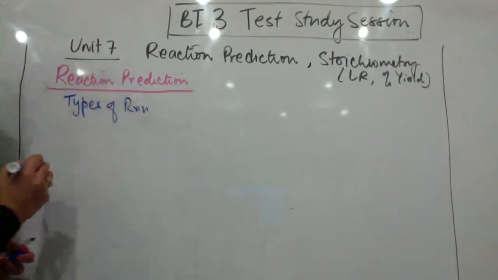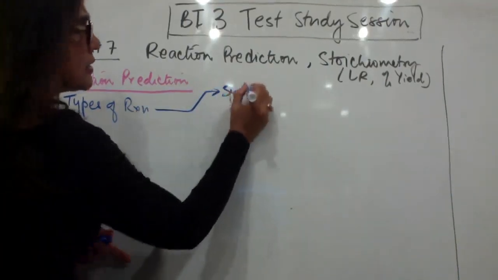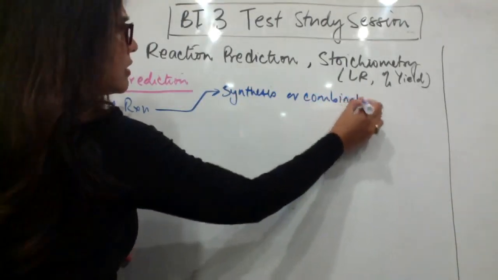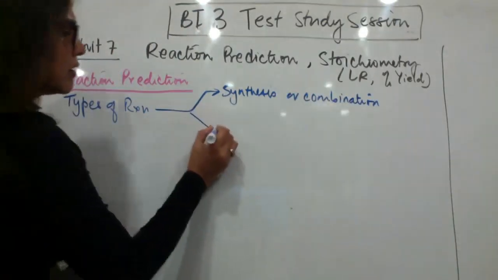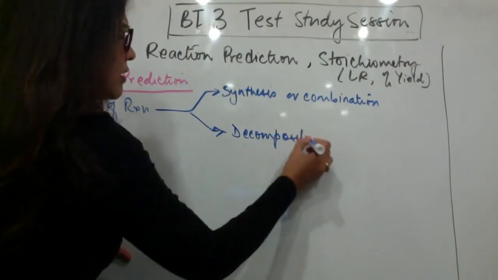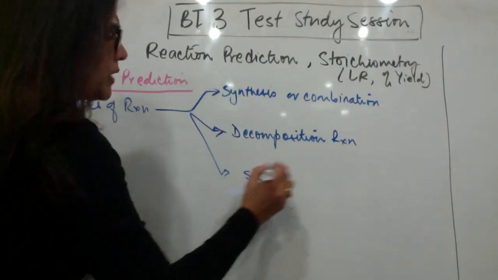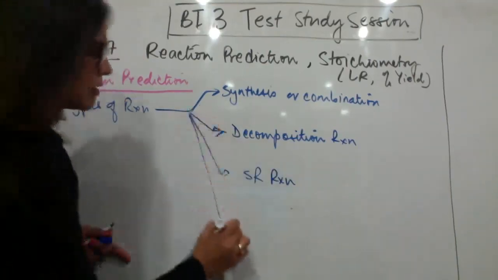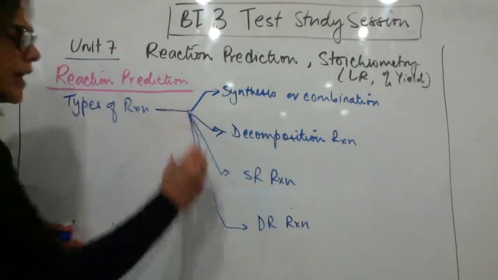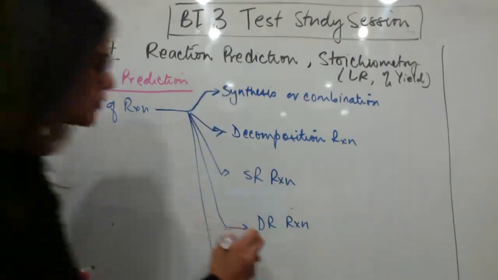So the types of reaction we're going to focus on here are synthesis or combination reaction, decomposition reactions, single replacement reaction, double replacement reaction, RXN for reaction, and some consider combustion to be a different reaction and some consider combustion to be part of synthesis.